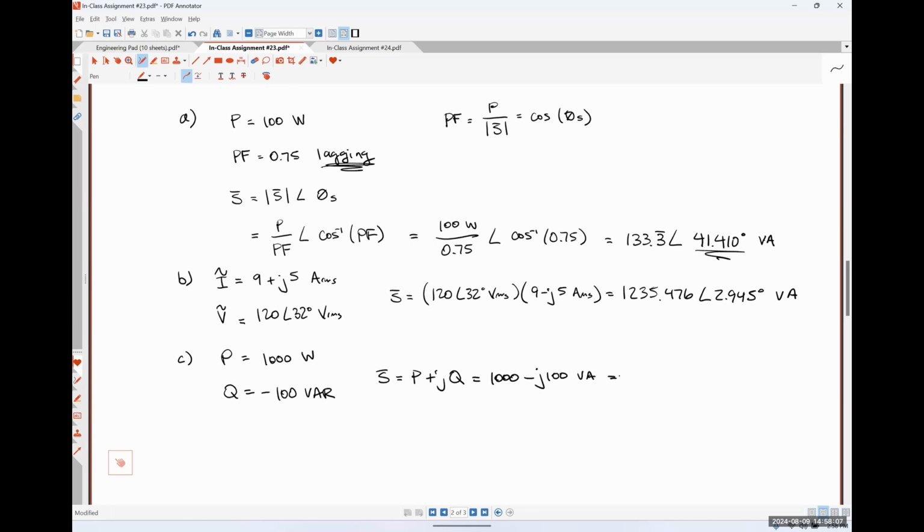And because we want it in polar form, because that's what the problem told us, 1,000 minus j100 is equal to 1,004.99 with an angle of negative 5.7105, so let's call that 5.711 degrees volt amperes.